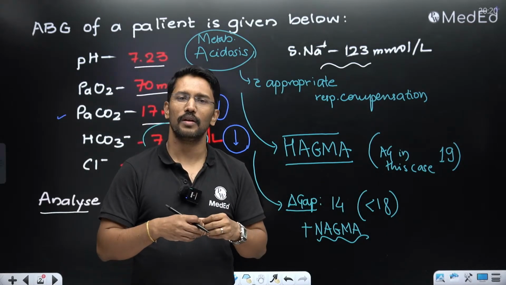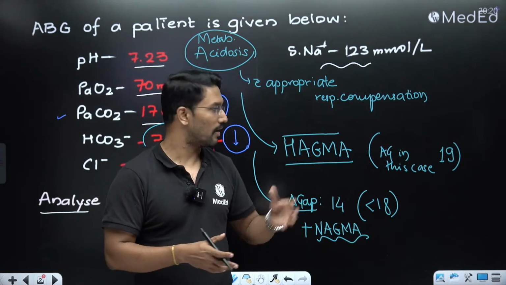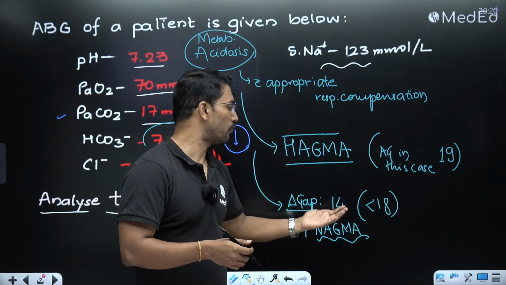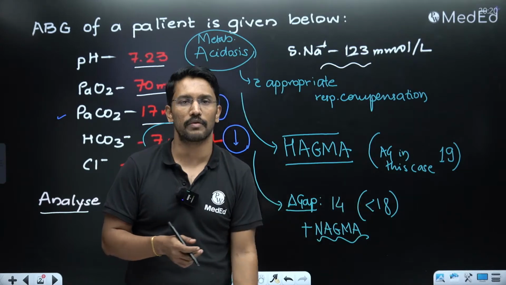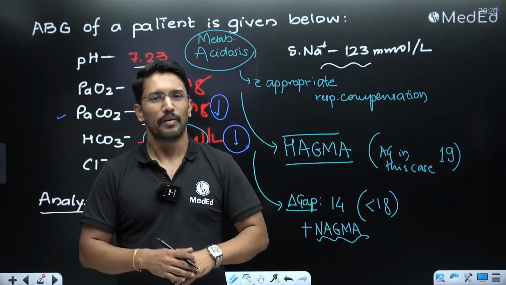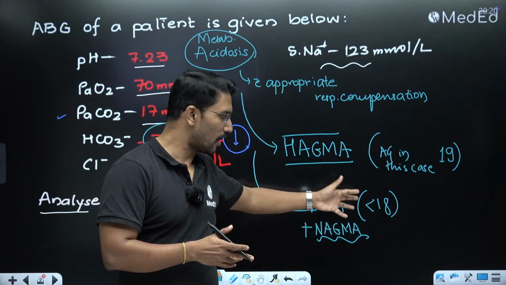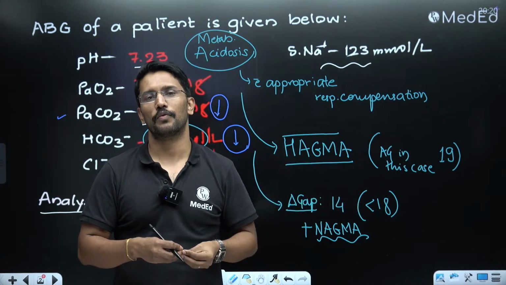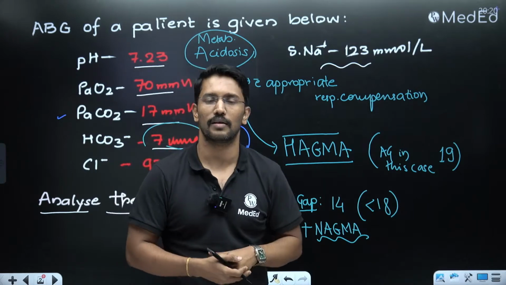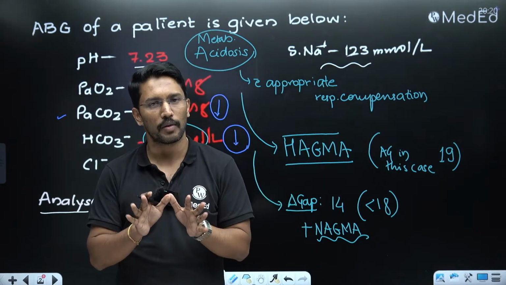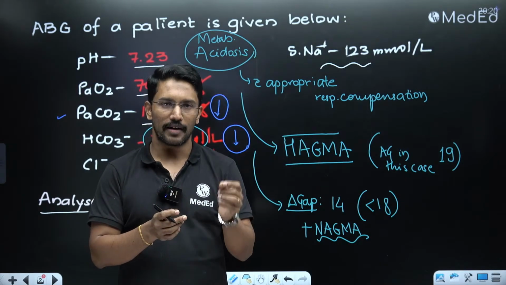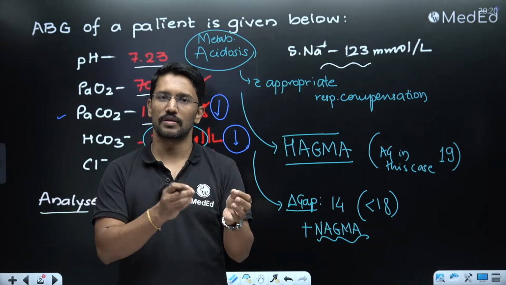In your next exams, you can get ABG problems where you need to finally boil down to this precise level of diagnosis. But in the context of the NEET PG or FMGE, I do not expect them to take you through 3 or 4 minutes of calculations and then come out with the diagnosis. Mostly it will be at a very peripheral level, asking you to identify whether it is acidosis, alkalosis, respiratory, metabolic.